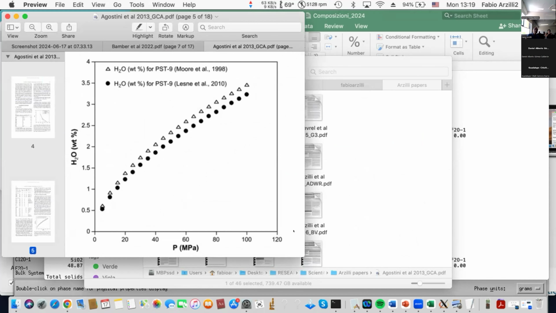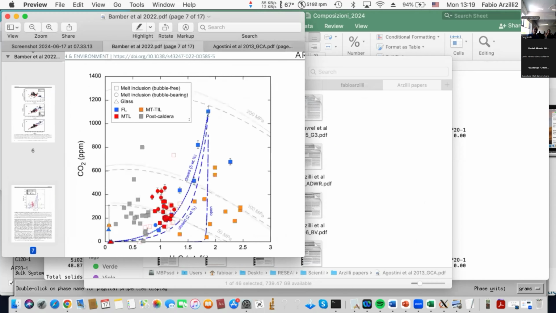So 200 megapascal anyway will be around 3.5, 4. So with 2% of water, we know that we are below the saturation, so that's fine. The point is that we have to understand what the saturation of CO2 is to draw this diagram here.